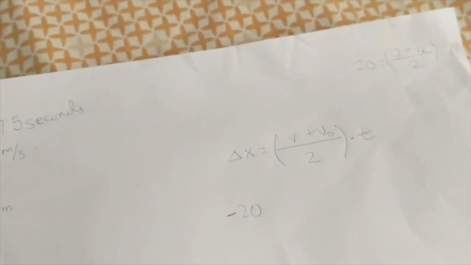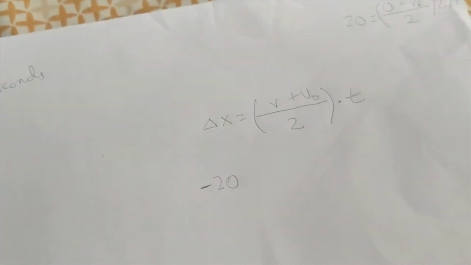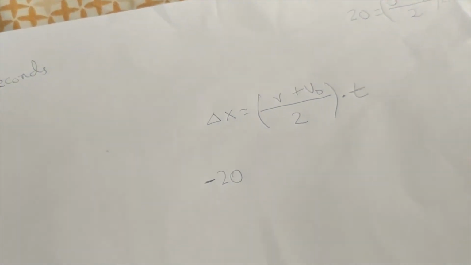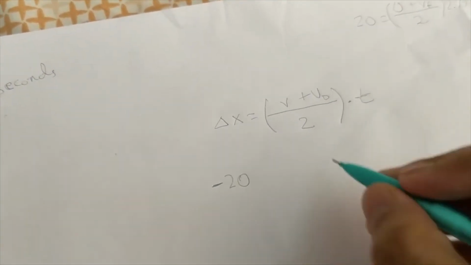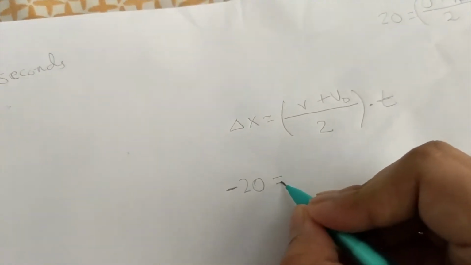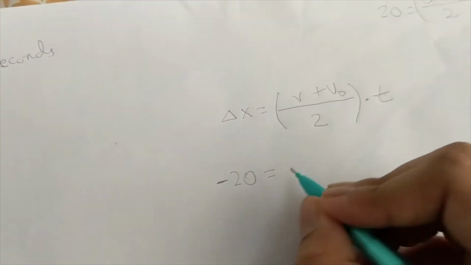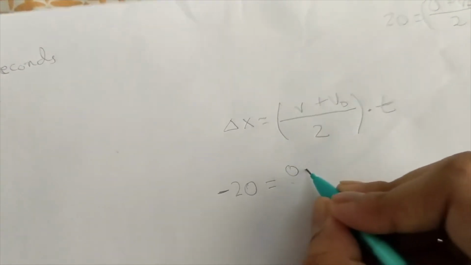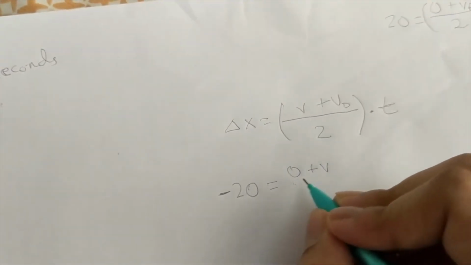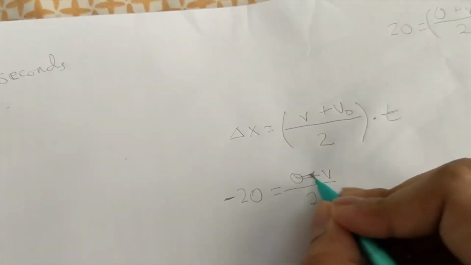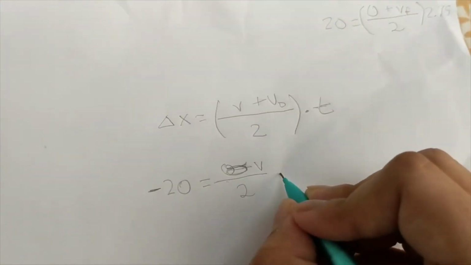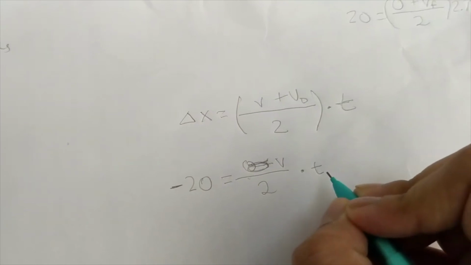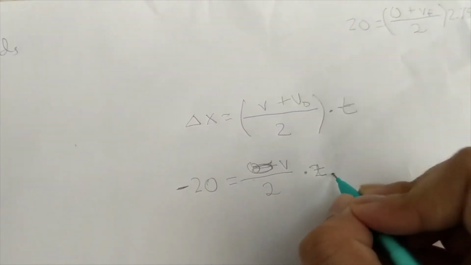Since the displacement is the main thing here, it dropped 20 meters, so it will be a negative number. We have v plus v0 over 2, which is 0 plus v over 2. We can just get rid of that, and then we're going to multiply it by t. T we just found out is 2.75.